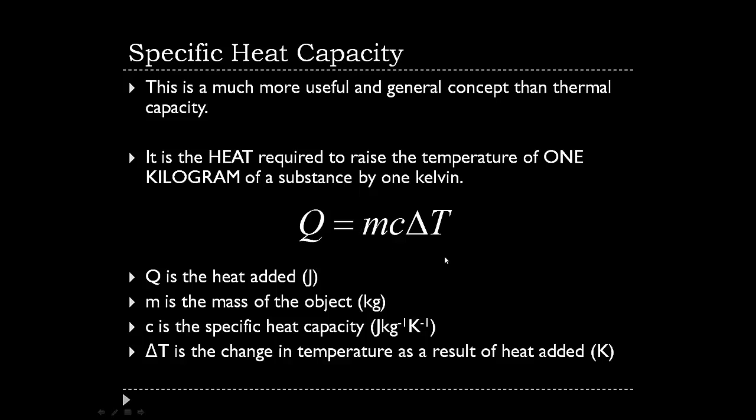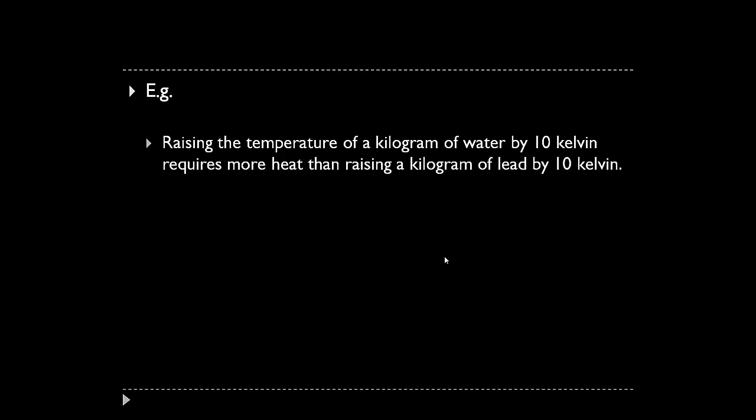So the specific heat capacity just allows us to define in more general terms how different substances respond to heating. So for example, if we raise the temperature of a kilogram of water by 10 Kelvin, that will take more heat than raising a kilogram of lead by 10 Kelvin.